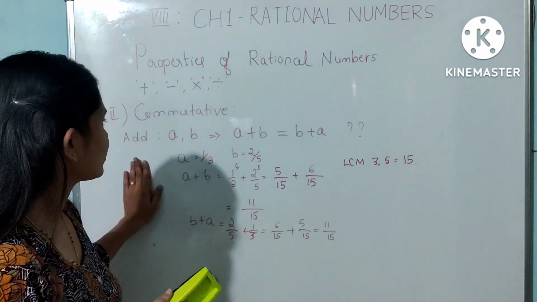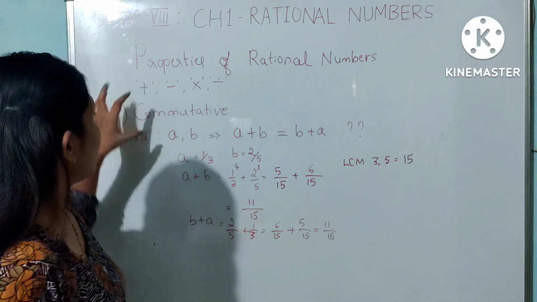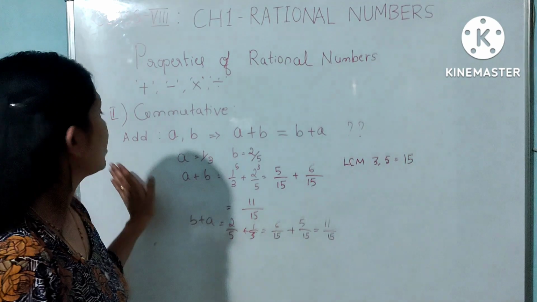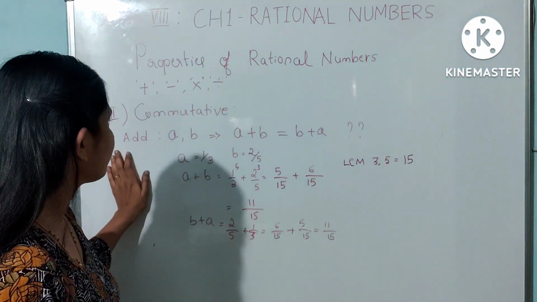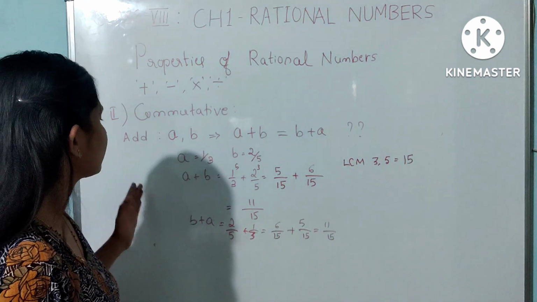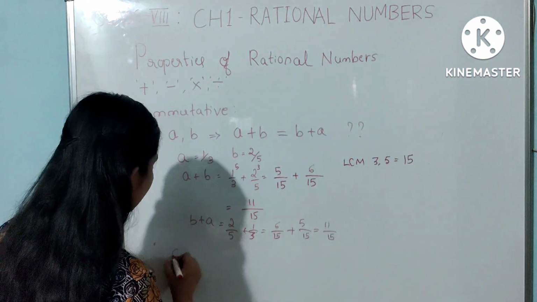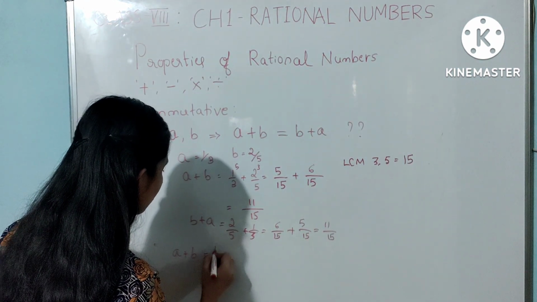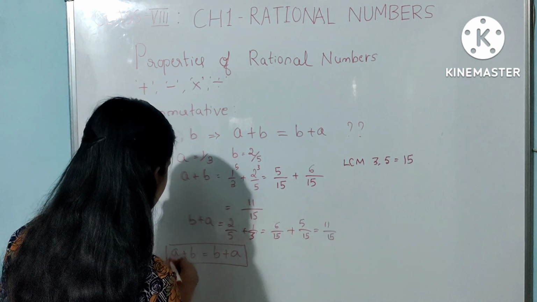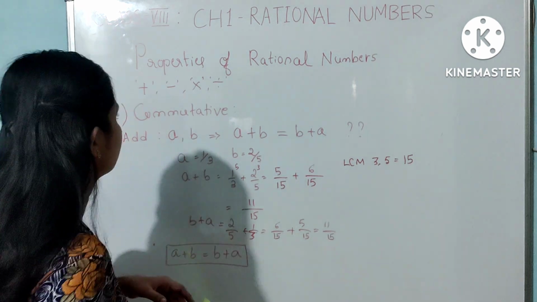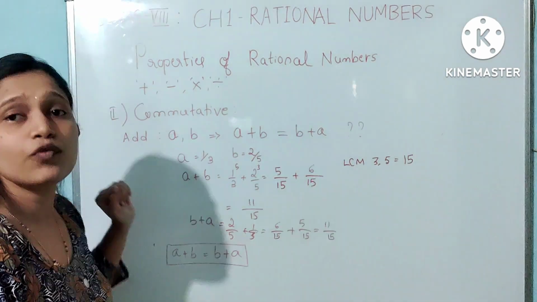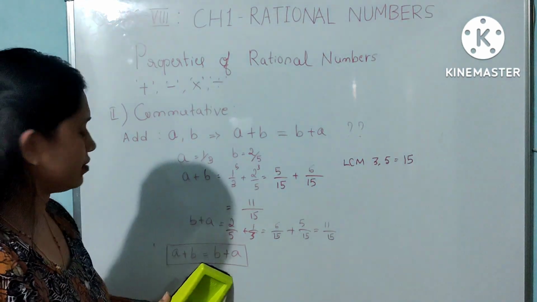So we can say the addition of rational numbers is commutative. Or else we can say a plus b is equal to b plus a, meaning addition is commutative for given rational numbers.